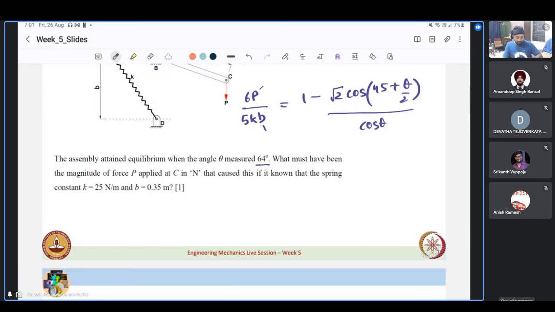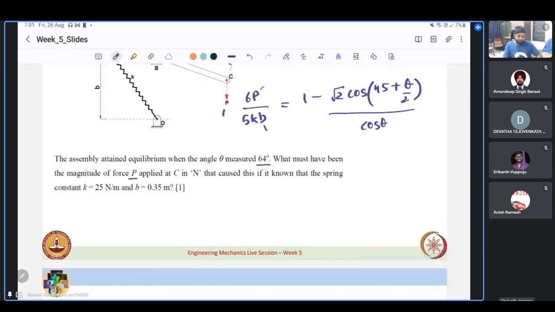So what must have been the magnitude of force P? What must have been this P applied at point C that caused this system to come to equilibrium, when it was known that the spring that was put had a spring stiffness of 25 Newton per meter and the length of the member was 0.35? So it is just a matter of substitution.